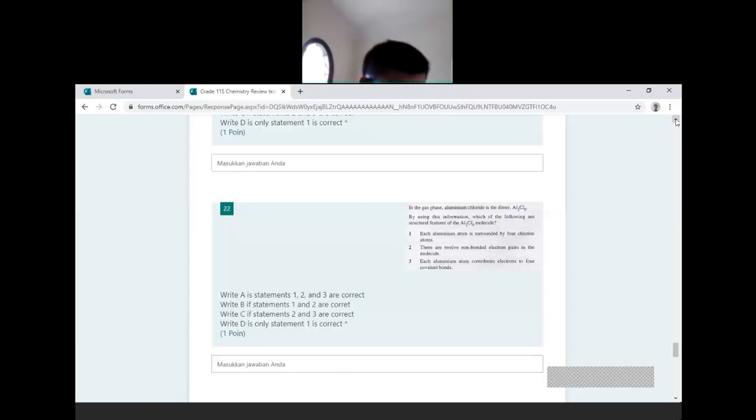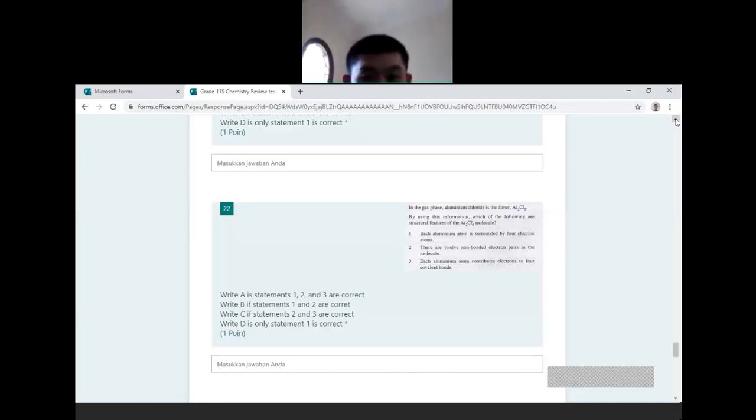There is a dative covalent bond in the structure of Al2Cl6. Please open your textbook or search in Google for the structure of Al2Cl6. And then there are no 12 non-bonded electrons.